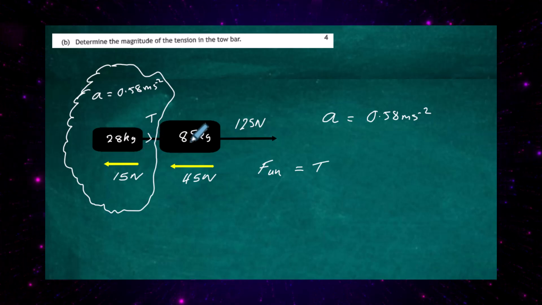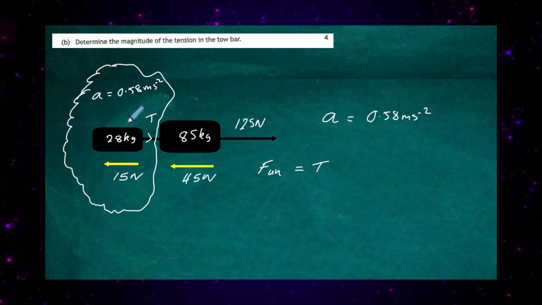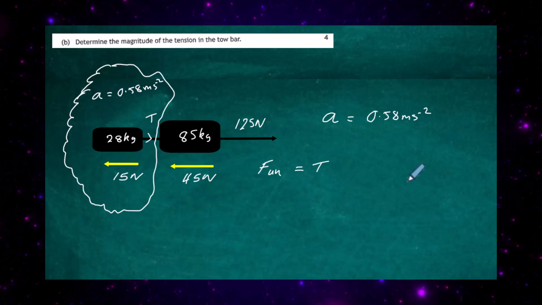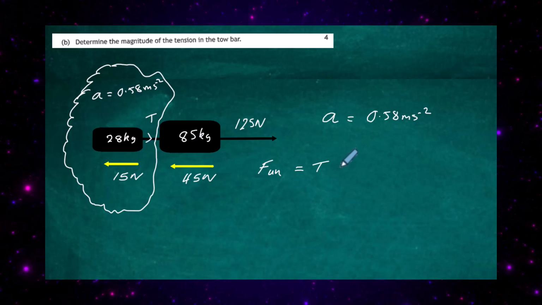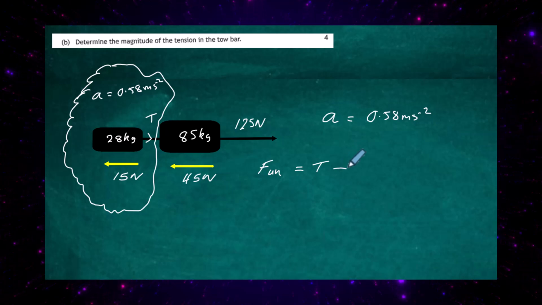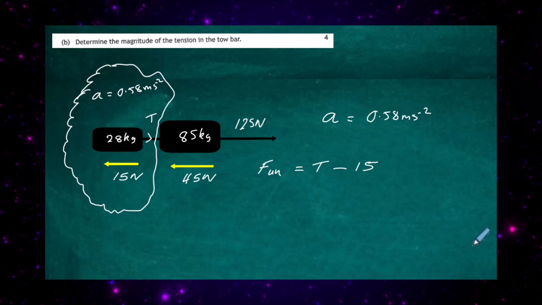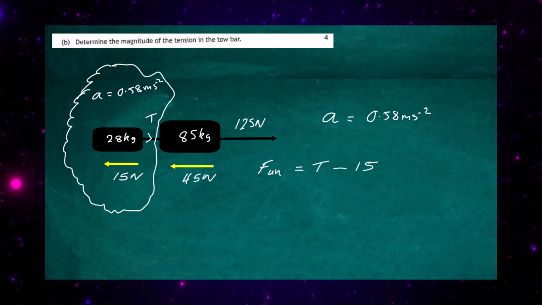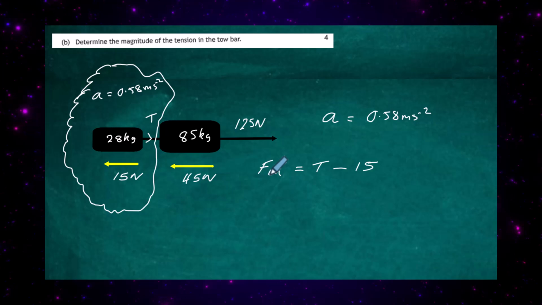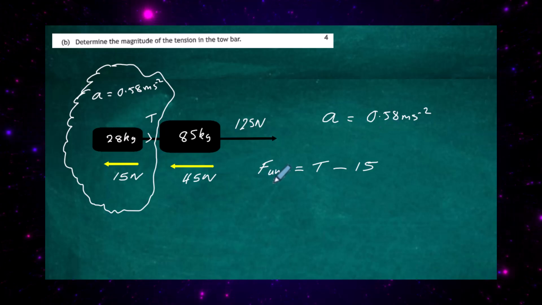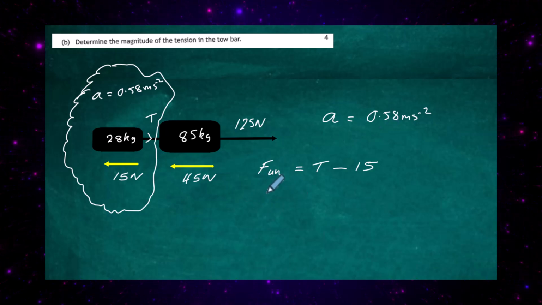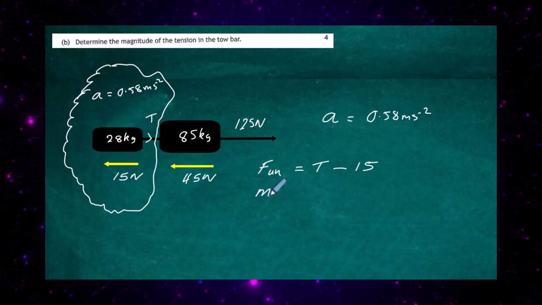We're excluding the bike and carrier. We're looking at this system here. The unbalanced force is the forward force due to the tow bar, the tension, take away the frictional force, which is 15 newtons. We'll just give it its numerical value at the moment. And we've worked out the acceleration, so we can work out the unbalanced force, because unbalanced force really equals mass times acceleration.